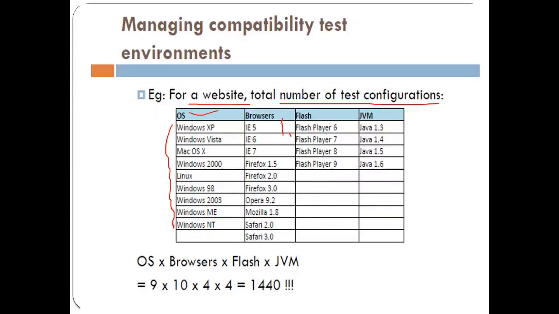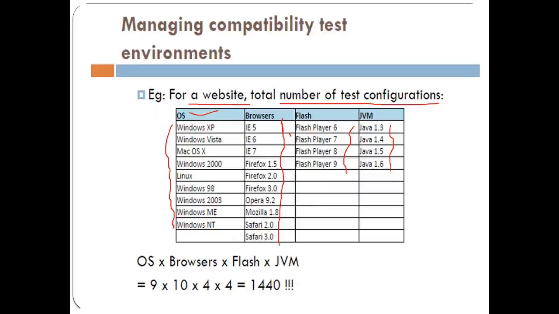There are Internet Explorer, Firefox, Opera, Mozilla, Safari. These are the various browsers. And Flash Player, which supports the browsers, Flash Player 6, 7, 8, and Java Virtual Machine. So there are so many infrastructures available.